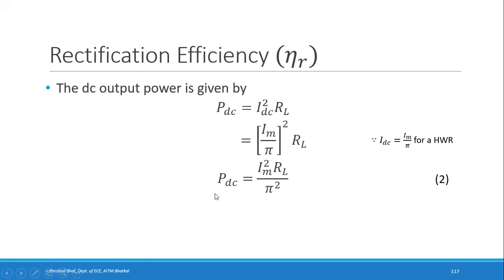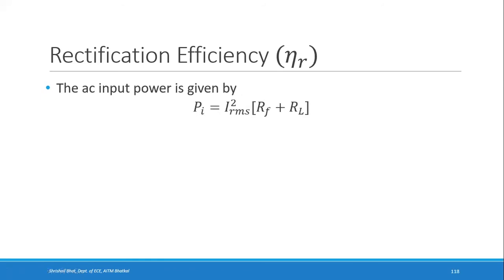Then what will be the AC input power? At the input, it is the AC value, so we have to consider the AC value of the current. AC value is the RMS value. So it is IRMS squared multiplied by the resistances. From the input side, if you observe, there are two resistances coming into the picture. One is the forward resistance of the diode, RF, and the other is the load resistance, RL.